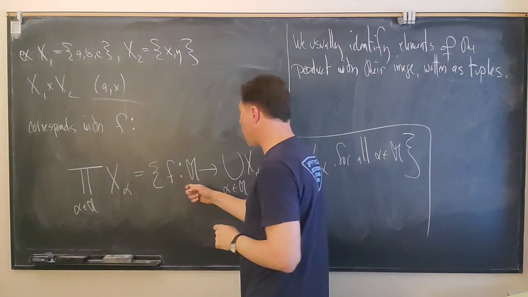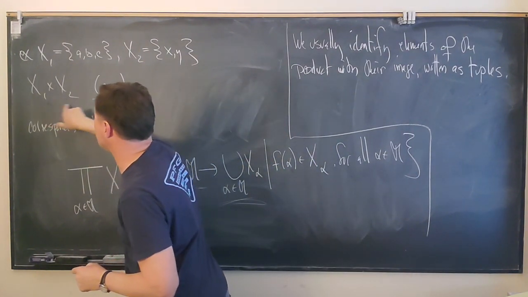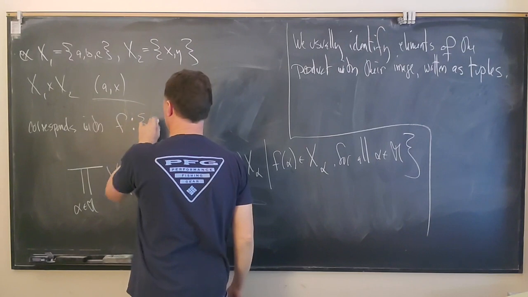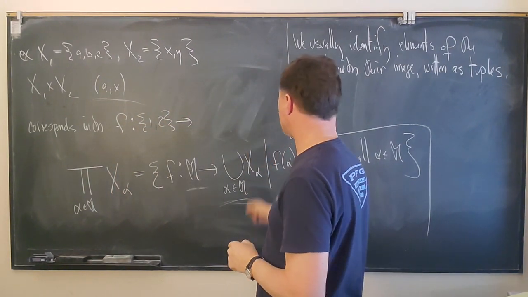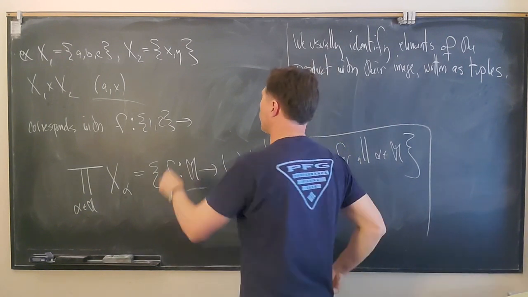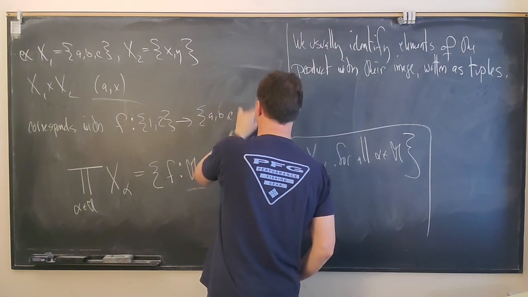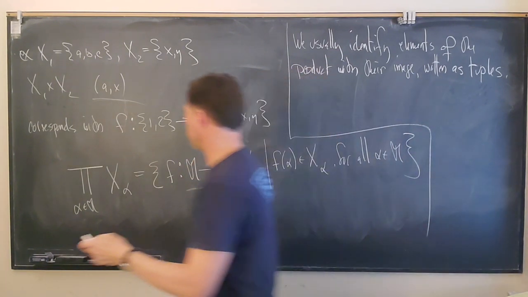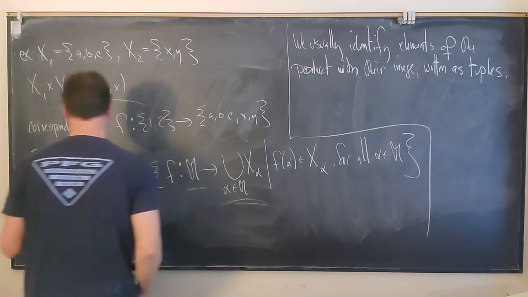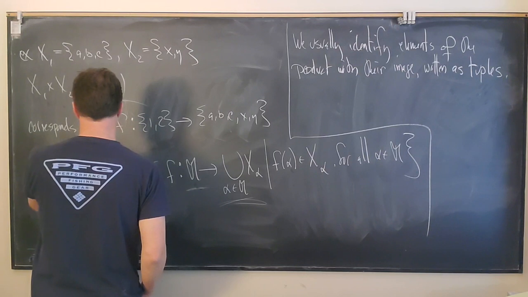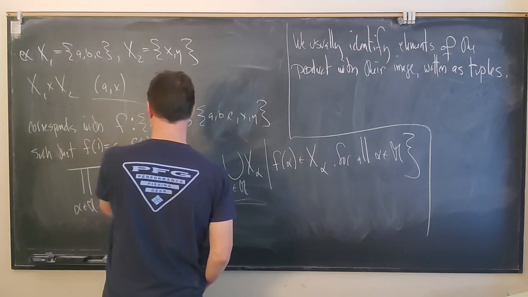The domain of the function is the set of subscripts, in this case 1 and 2. So it corresponds to the function that goes from {1, 2} to the union, which is A, B, C, X, and Y, such that f of 1 equals A and f of 2 equals X.